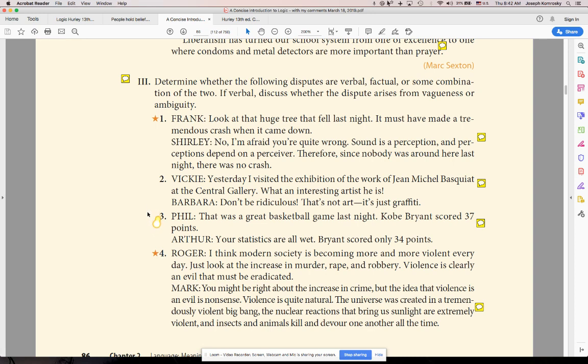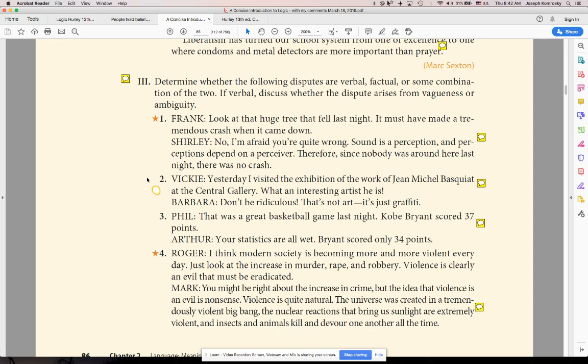And this is the example Hurley uses about Kobe Bryant, the great basketball player. So Phil's saying something about Kobe scoring 37 points. Arthur says your statistics are all wet. Bryant scored only 34 points. Hurley's going to ask you, is this a verbal dispute or is this a factual dispute, or some combination between the two?